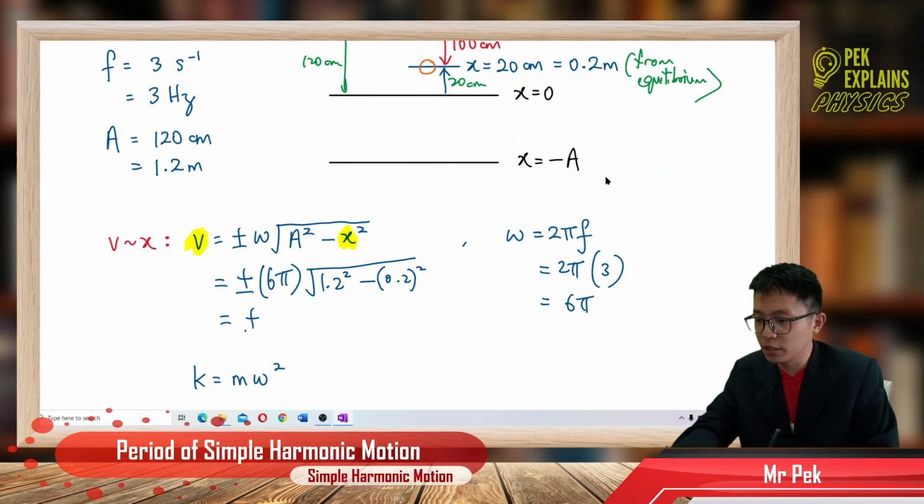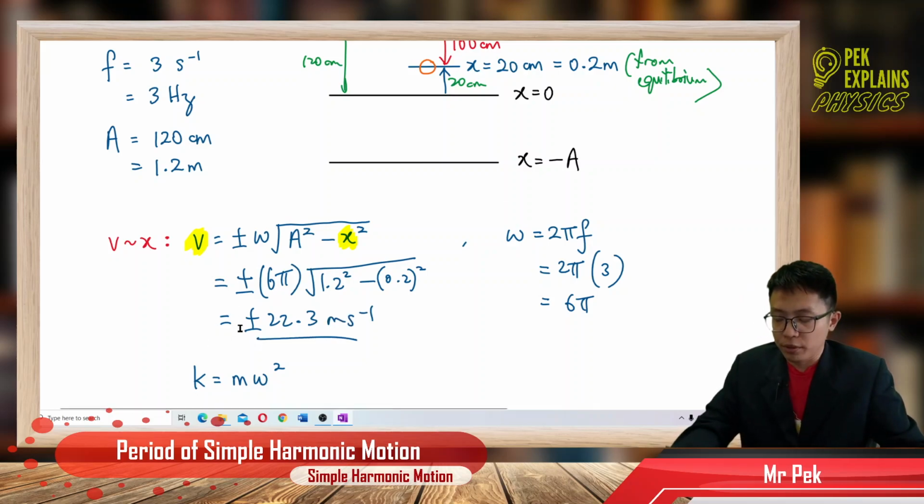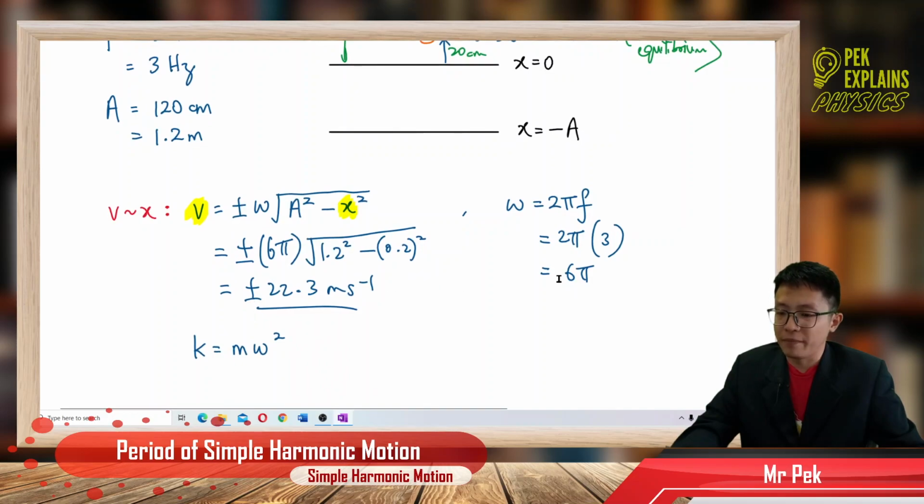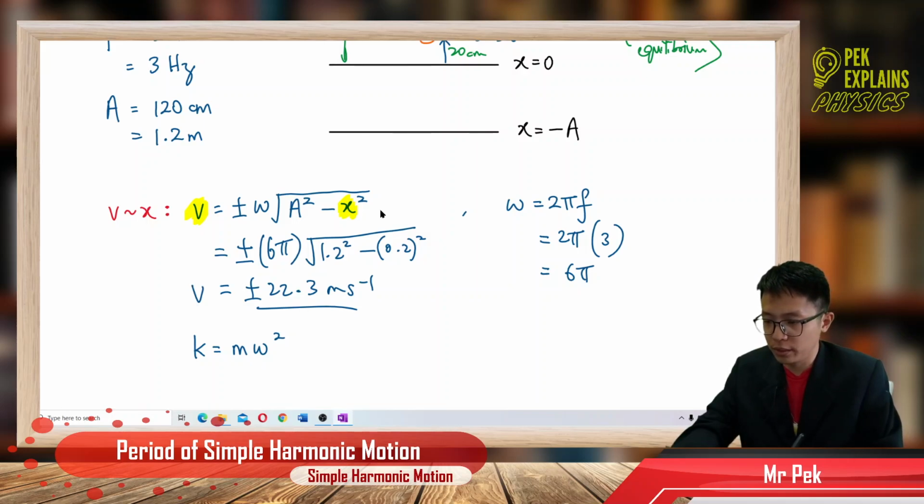Our answer is positive negative 22.3 meter per second at x equal to 0.2 meter.